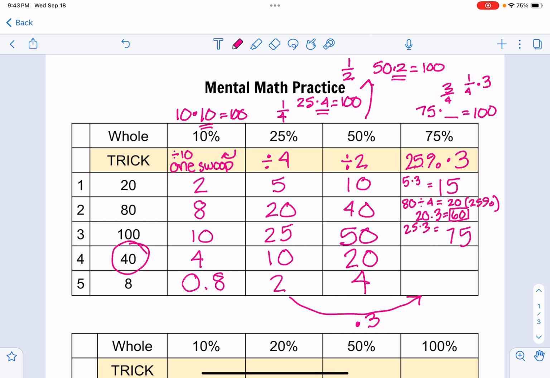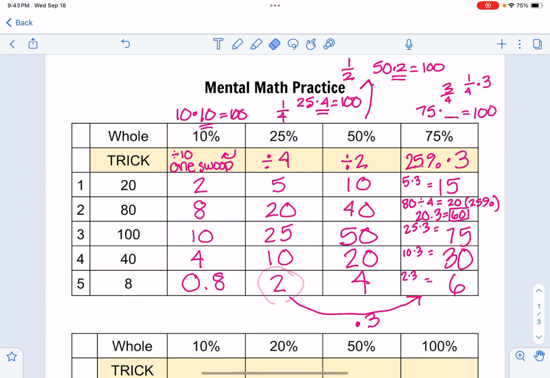For 40, I'm going to take 25% and multiply it by 3. 10 times 3 is 30. 30 is 75% of 40. For my last one, 8, I'm going to take 2, which is 25%, and multiply it by 3 again. That is 6. 6 is 75% of 8.